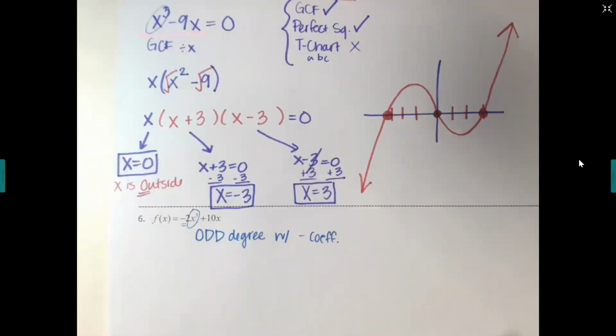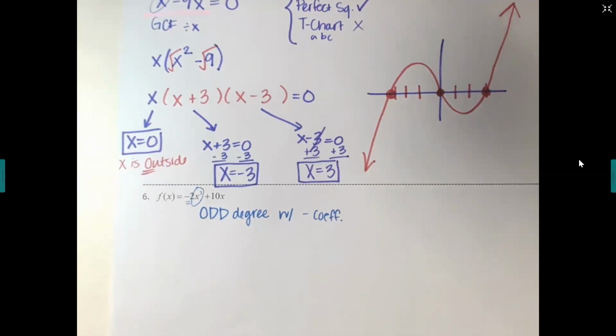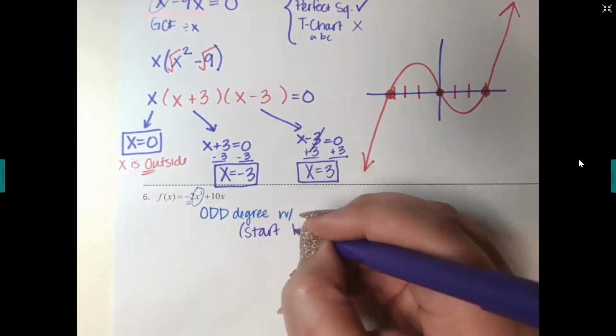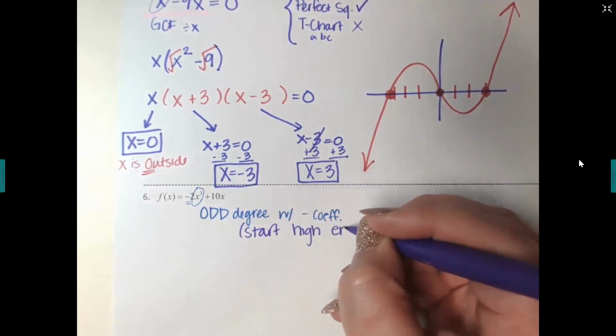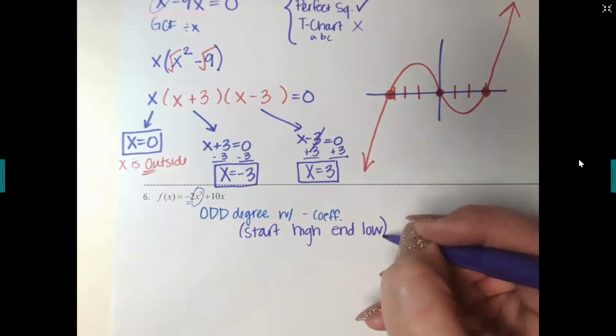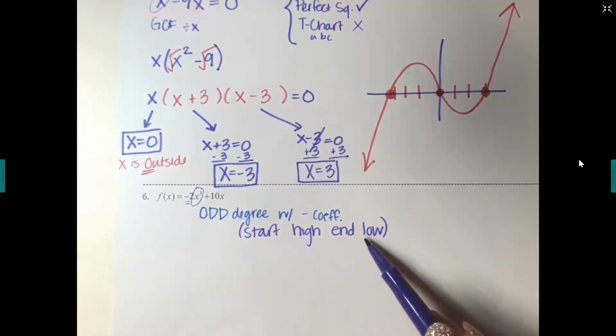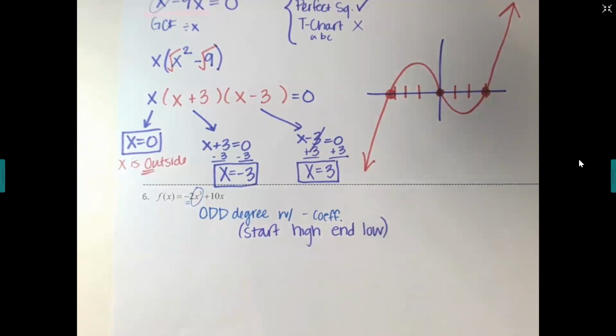Then I would think to myself, what does that combination lead me with? Well, odd means they're going to go opposite ends. And a negative coefficient means, look back at your notes if you don't remember, that it's going to start high and end low. So even without finding the zeros, I know the basic shape of this one. It's going to start at the top, and eventually end at the bottom.